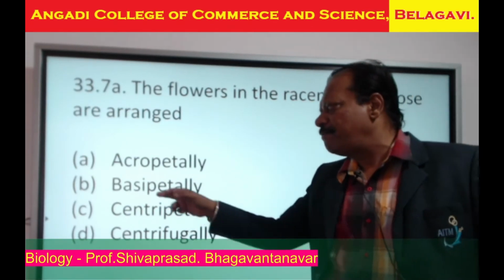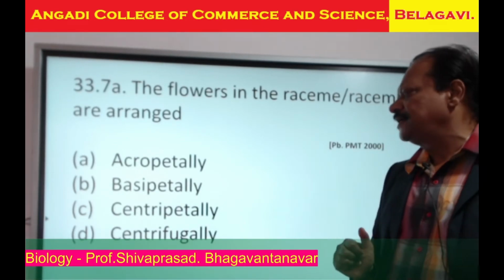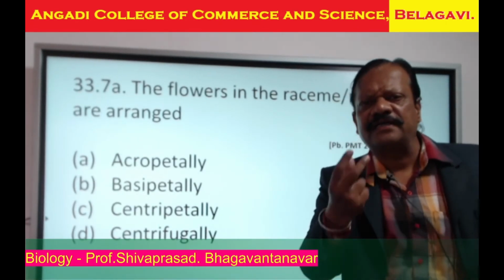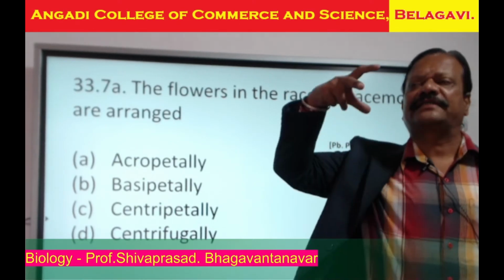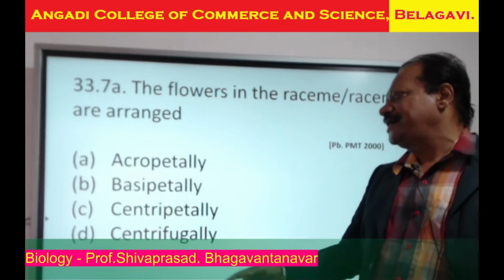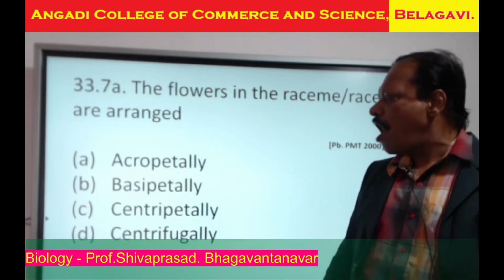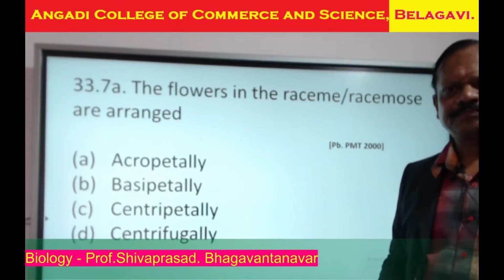Now second one, basipetal or basipetally. In case of this, the younger flowers are at the base and older flowers are at the top. Then the system you are calling it as basipetal system, or the flowers are arranged basipetally.